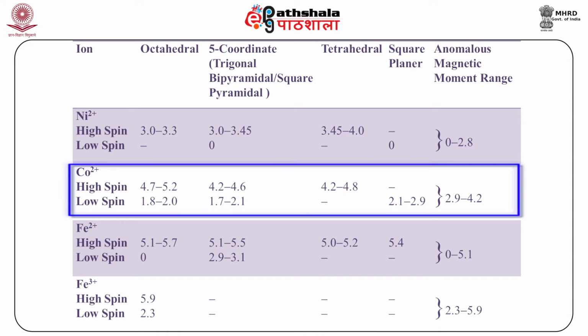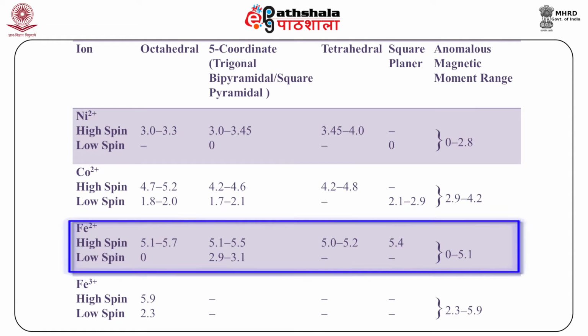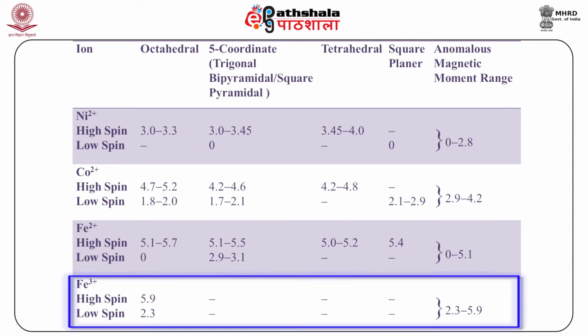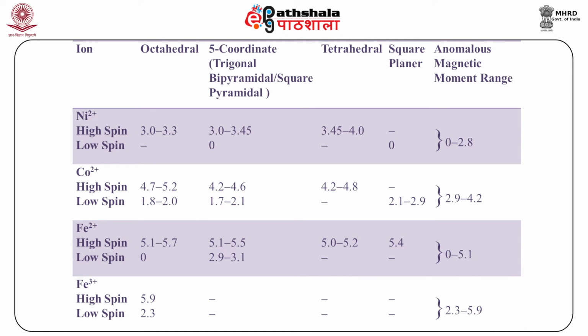For cobalt 2 plus complexes, it is 2.9 to 4.2 Bohr magneton. For iron 2 plus, it is 0 to 5.1 Bohr magneton, and for Fe3 plus, it is 2.3 to 5.9 Bohr magneton.